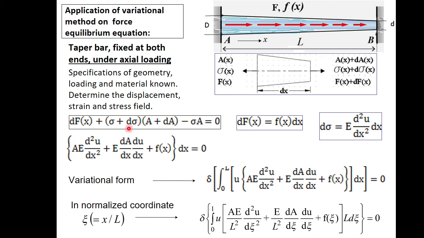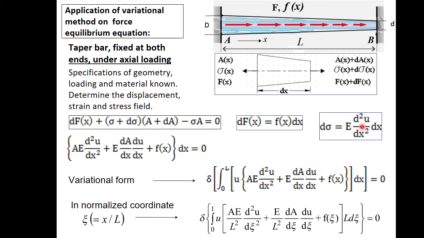From here, what we are doing is the higher order term d sigma into dA is neglected. The sigma A and this sigma A get cancelled. We have d sigma into A. And this d sigma is d of E into epsilon.